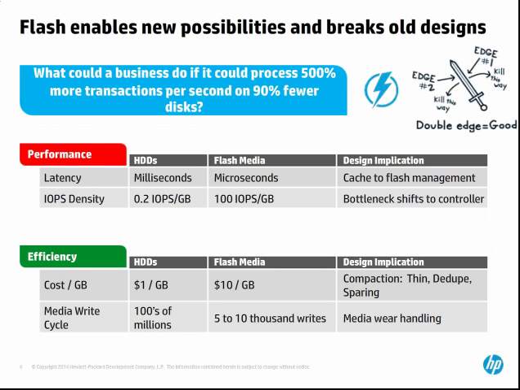So when we look at flash in HP, I liken it to what I describe here as a double-edged sword. It has a huge amount of benefit in how it can deliver radical performance transformation to applications and businesses, and hence through to their end-user customers.